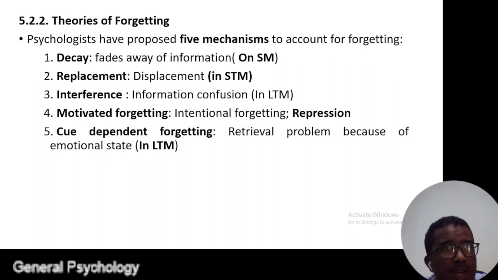For example, if you lost your family, if your family died, if your lovely friend died, this is a very bad memory. You don't want to remember it again and again. If you get F, you don't like to remember about F. So what you will do is just repress that information, that memory.